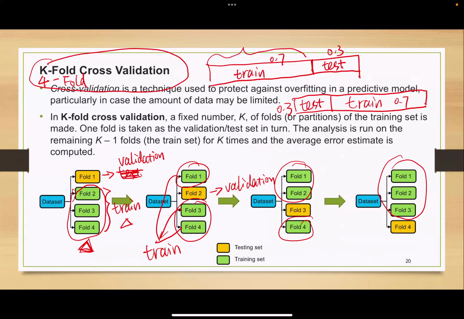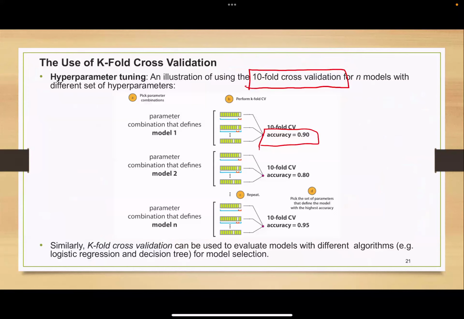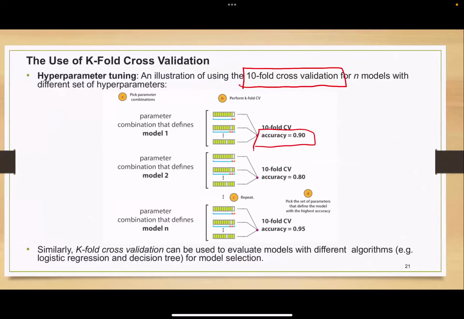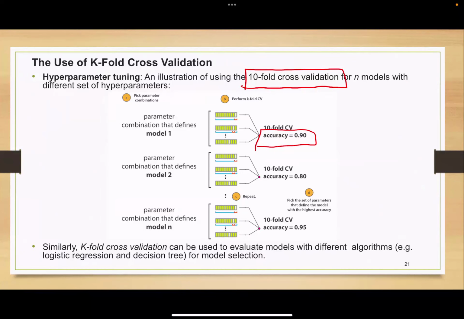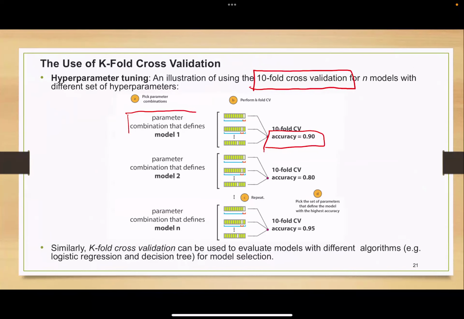So in total, we train 4 models. Then we calculate the average of the performance of the model, right? To tune the parameter.